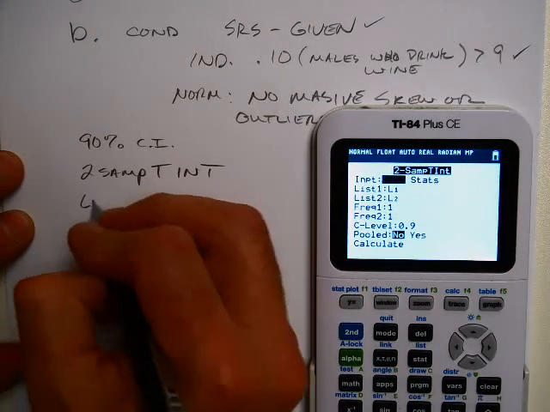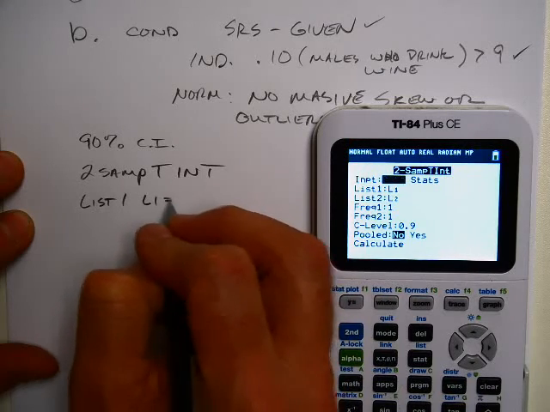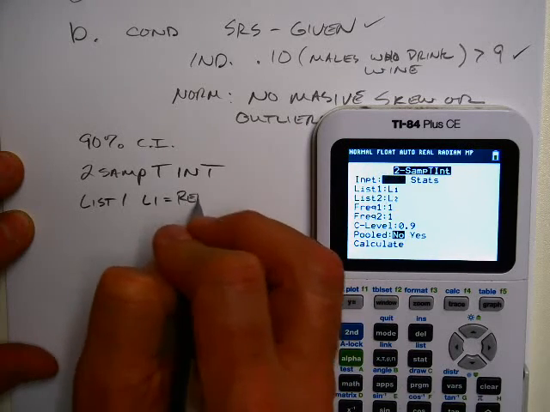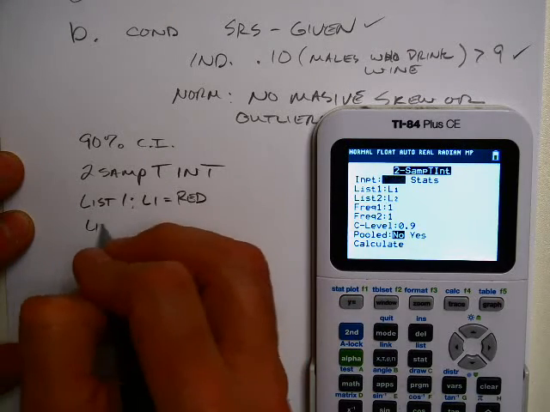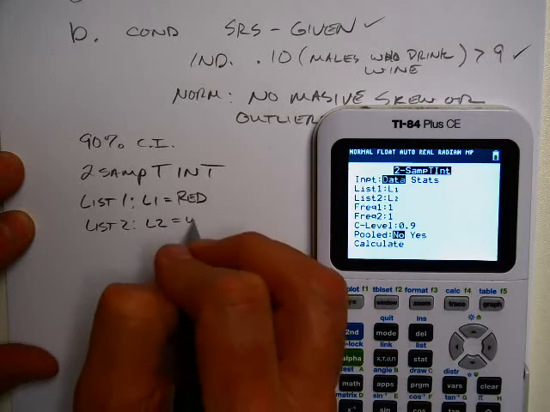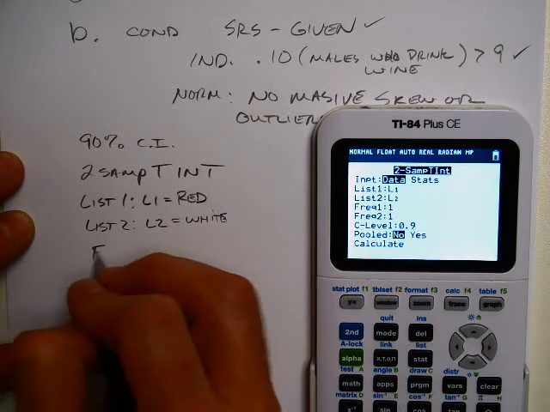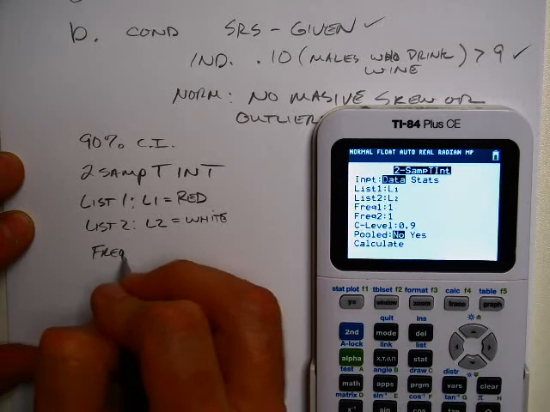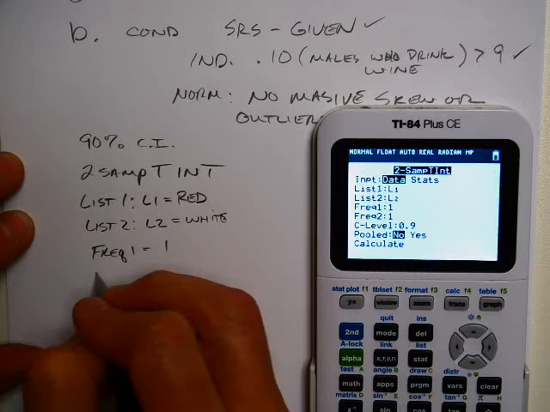List 1, L1, I'm going to say that's the red. List 2, L2, this is the white. Frequency, we leave these alone.